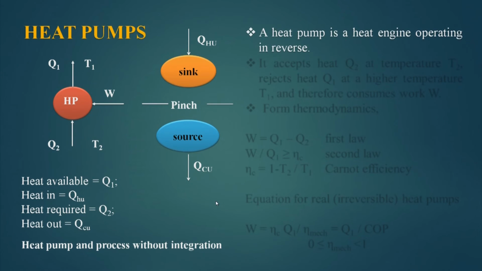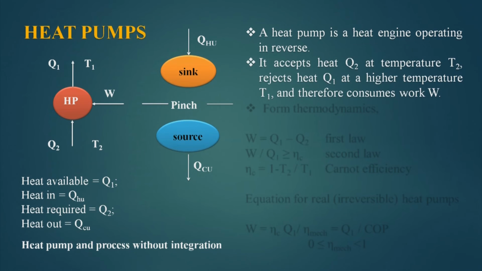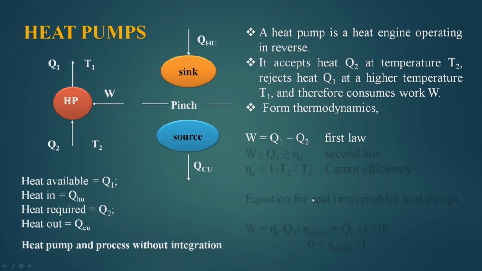Now, a heat pump is a heat engine operating in reverse. This we know. It accepts Q2 heat at a lower temperature T2, rejects Q1 at a higher temperature T1, and therefore consumes work equal to W, because it is against the natural flow of heat. From thermodynamics, W is equal to Q1 minus Q2, first law.